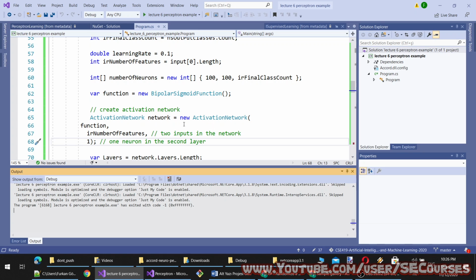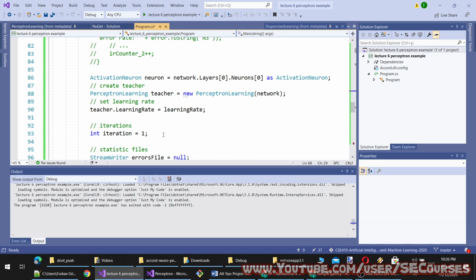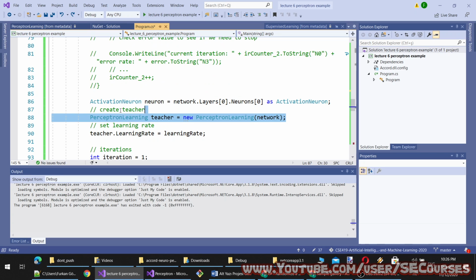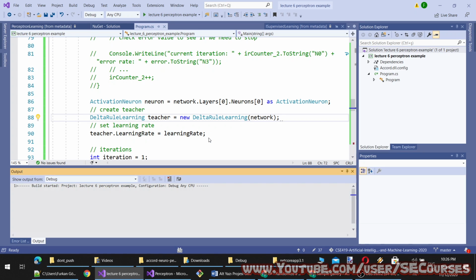So this requires one perceptron requires single layer, and I'm going to try delta rule learning.